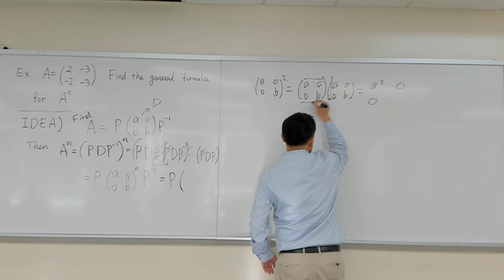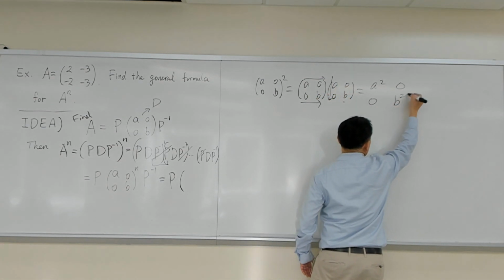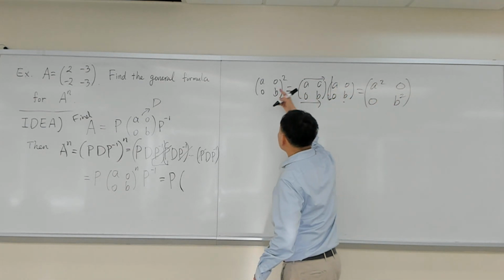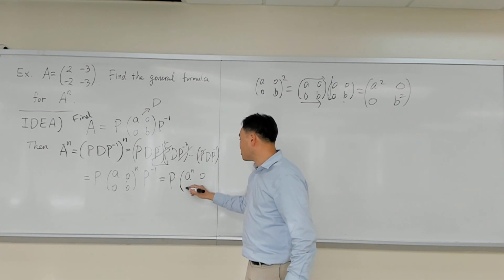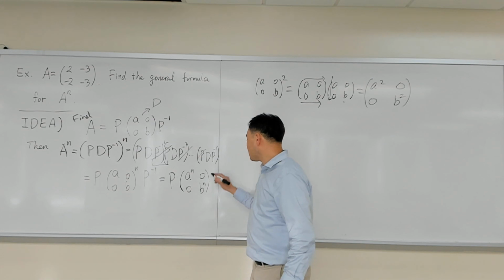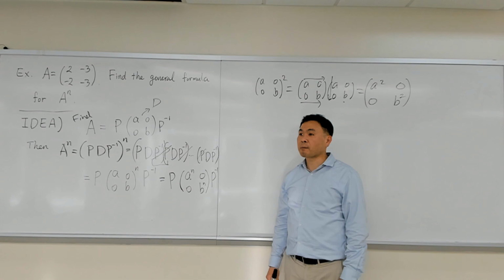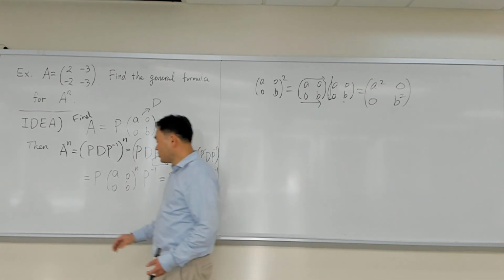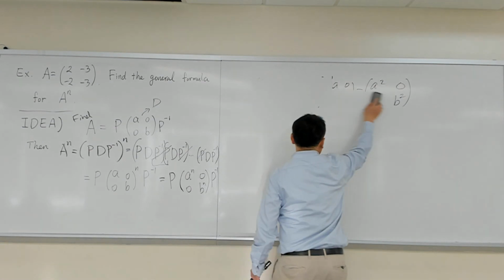And then across down, 0 times 0, B times B gives you B squared. And in general, if you take any nth power, you end up with A to the nth power, 0, 0, B to the nth power, P inverse. So that's how you are going to solve this.